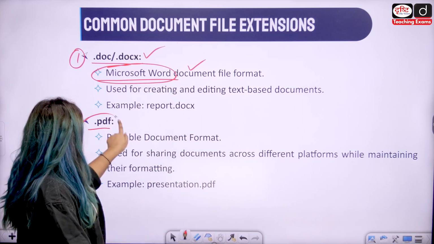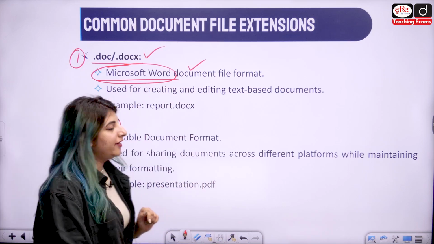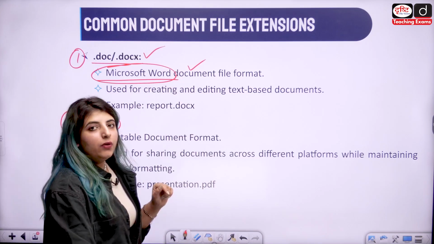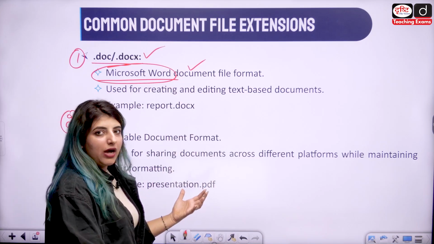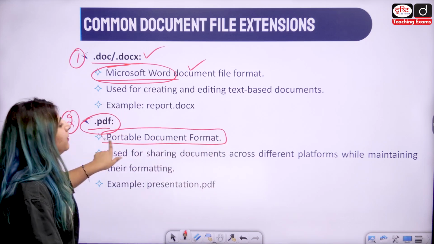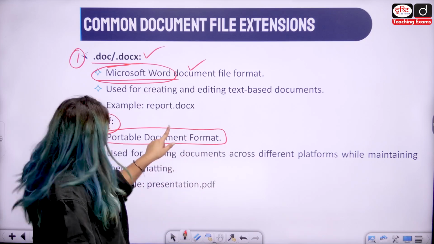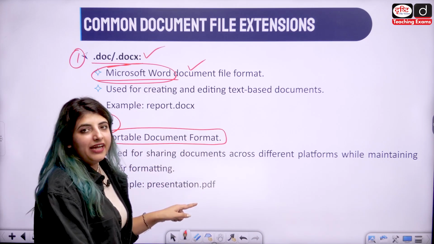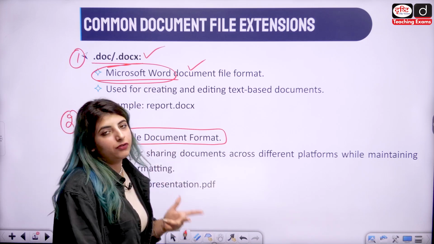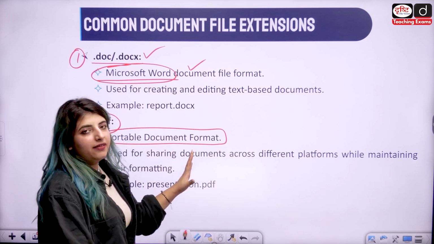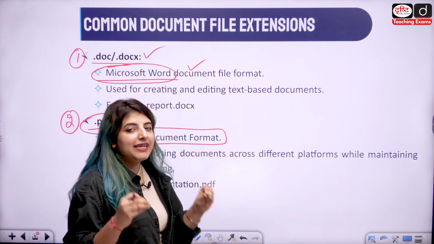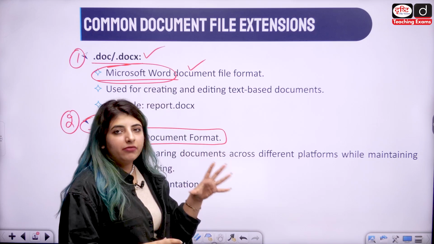Moving forward, the second extension is .pdf. The full forms are also asked, so I have provided it here: Portable Document Format. Let me clear up how a document file is different from a PDF file. With a PDF file, whatever format you set, the format will remain the same.